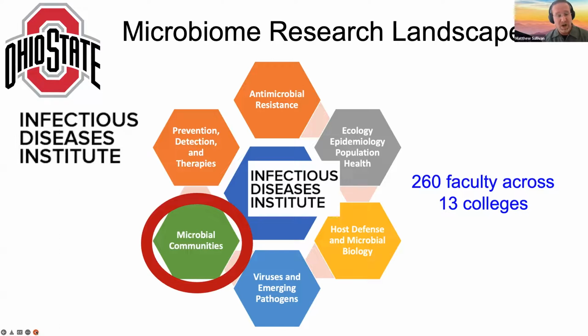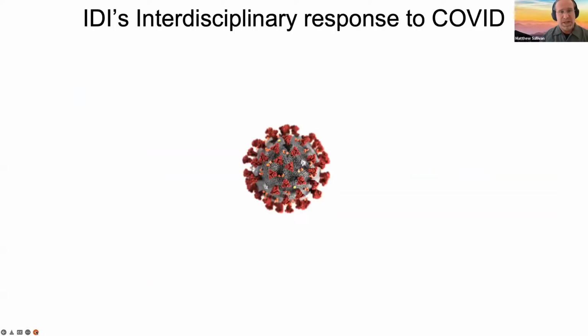And there's a large and vibrant group of faculty that are part of the microbial communities thematic program in the Infectious Diseases Institute. And I think an exemplary way that the IDI has just flourished is in its interdisciplinary response to COVID.